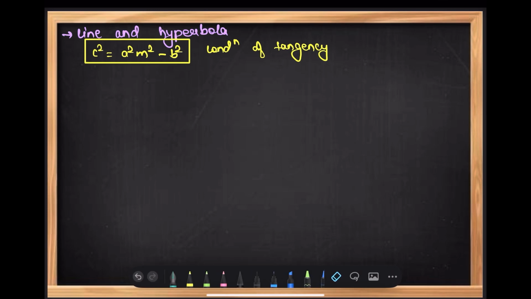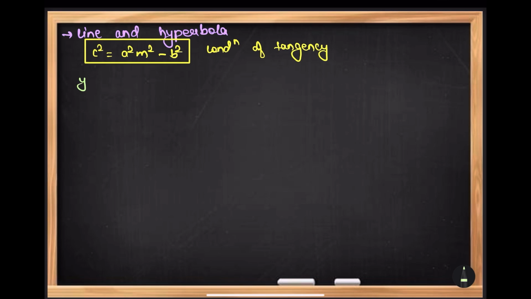Okay, now let's try to solve this situation. So what we will do, we will require a straight line. So can I go with y equals mx plus c, and we will take the hyperbola equation, that is x square by a square minus y square by b square equals 1. Now what we have to do, we have to substitute this in this equation and then put D equals 0.